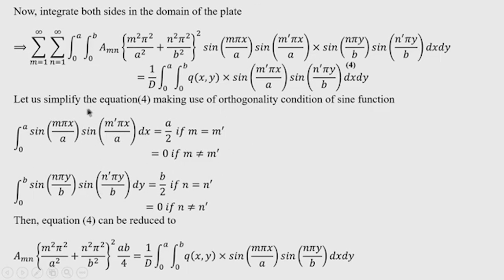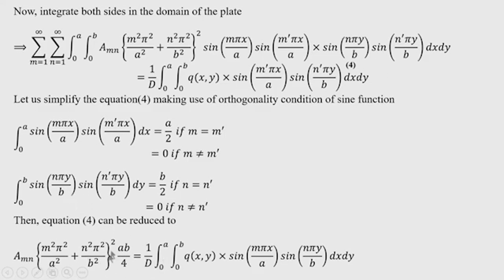The orthogonality property of the sine functions is utilized here, and then we get the coefficient A m n into m square pi square by a square plus n square pi square by b square, whole square, times a b by 4. This a b by 4 has come here due to the product of a by 2 and b by 2, as a result of integration of sin square m pi x by a dx and the integration from 0 to b of sin square n pi y by b dy.